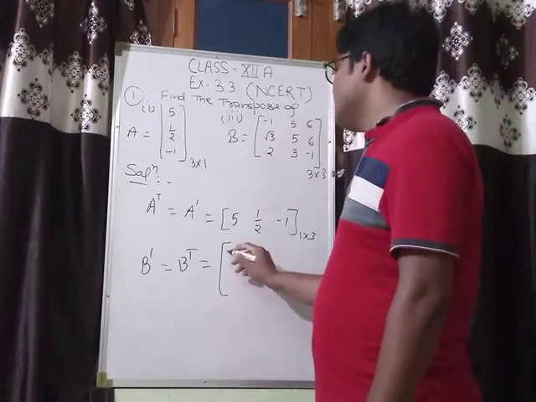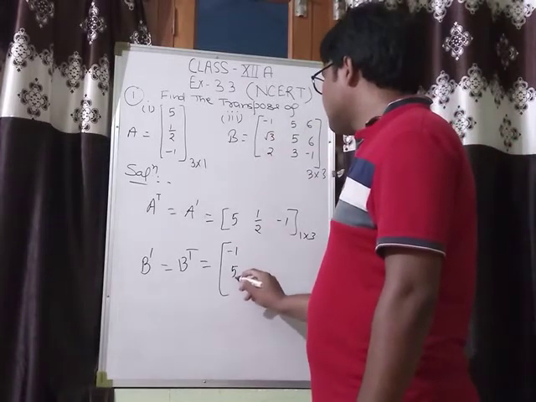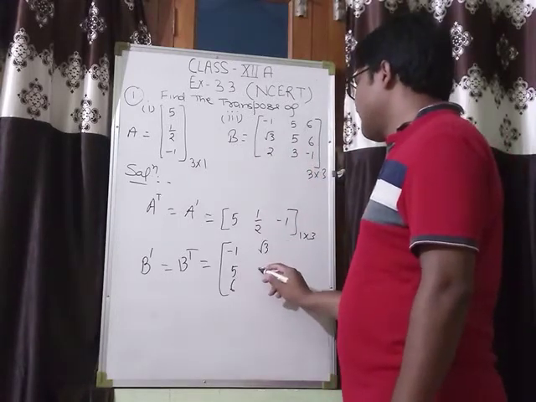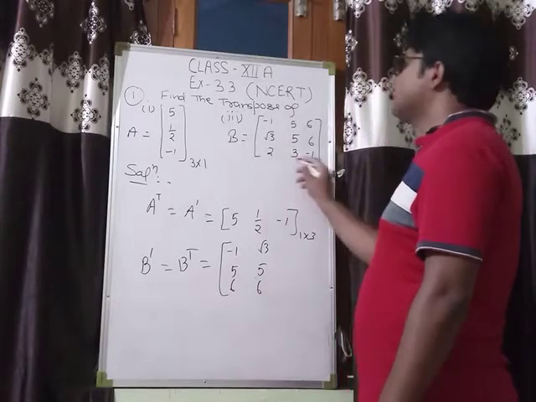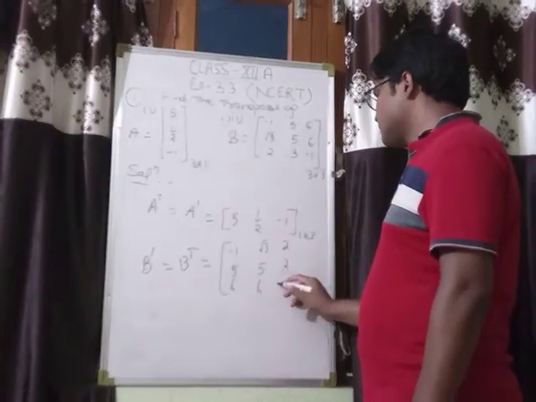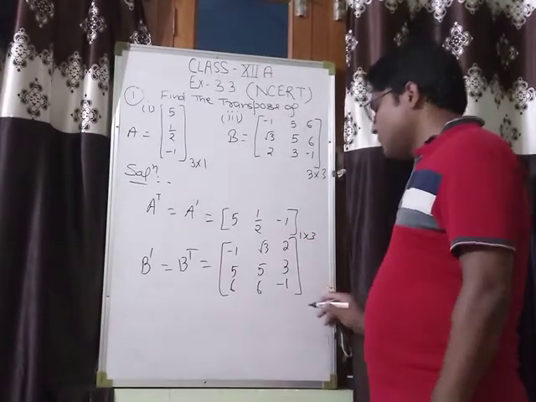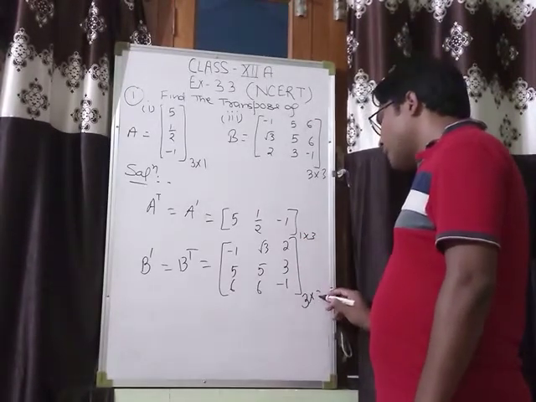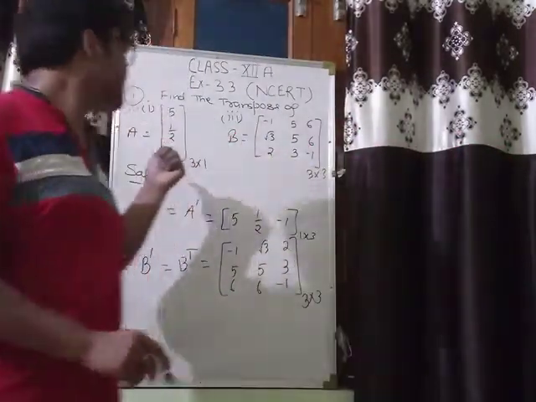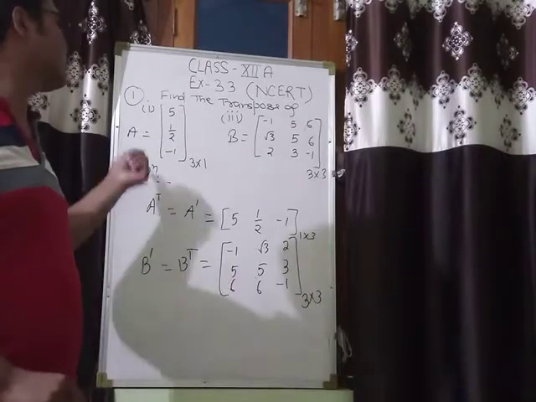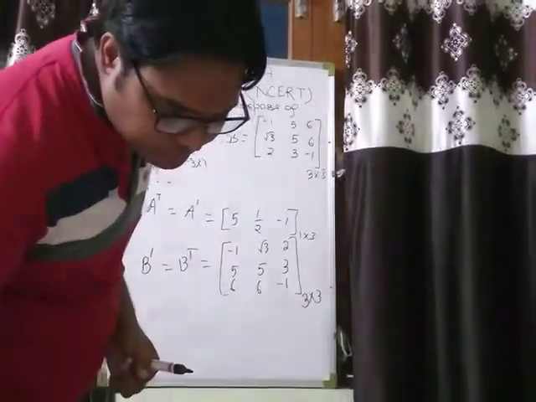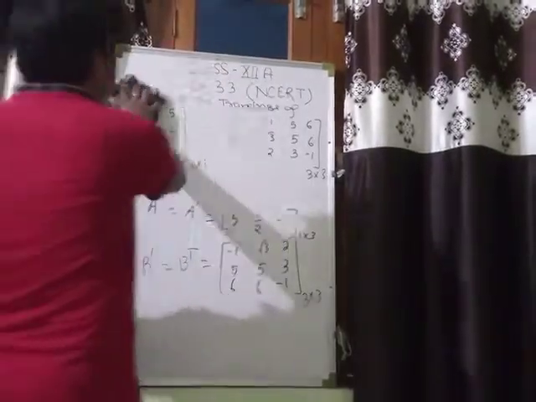The first row becomes the first column, the second row becomes the second column, and the third row becomes the third column. This is also a square matrix of order 3. So that is A transpose and that is B transpose, where A is this one and B is this one.